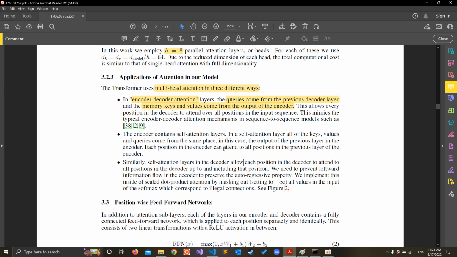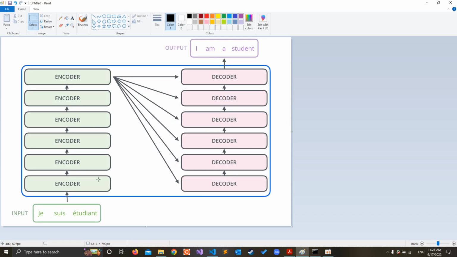Let's consider this example. We have an input sentence and we are going to create an output. After the encoder, we have values and keys from the encoder, and we are going to find the best next word, as in masked language modeling, in our transformer architecture.